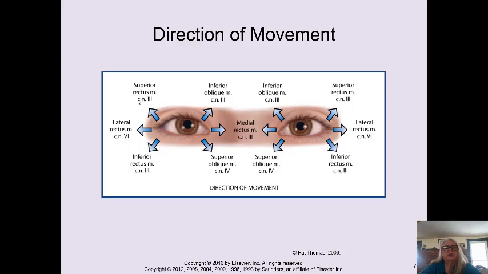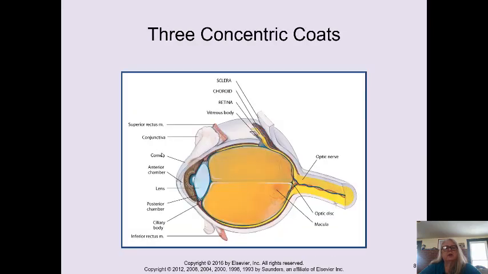And the different directions, the 6 cardinal directions that the eye needs to move. When we're checking a patient, we're going to go up and down and side so that we can see that the eye is moving completely and all the muscles are intact and all the cranial nerves are intact that make the muscle move.